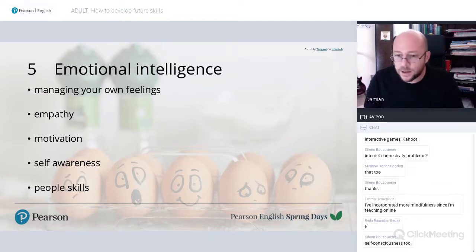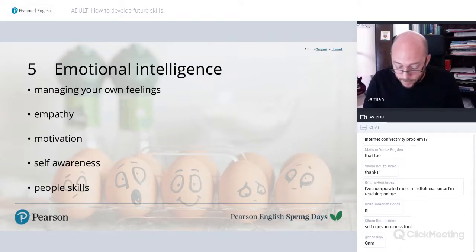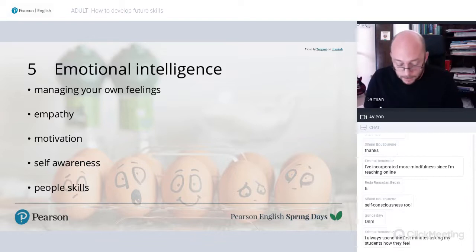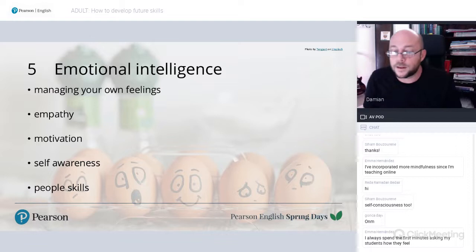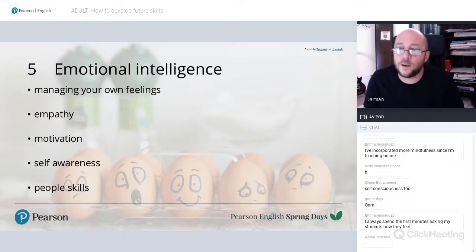Empathy as well, someone mentioned earlier, is a big part of this. And this is particularly important when we use personalization, sharing our own ideas, responding to other people's ideas. Motivation is a big part here, not just in motivating students, but also helping students reflect on and discover what motivates them.